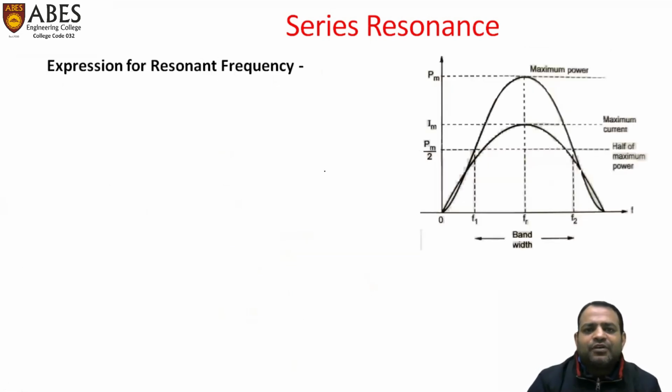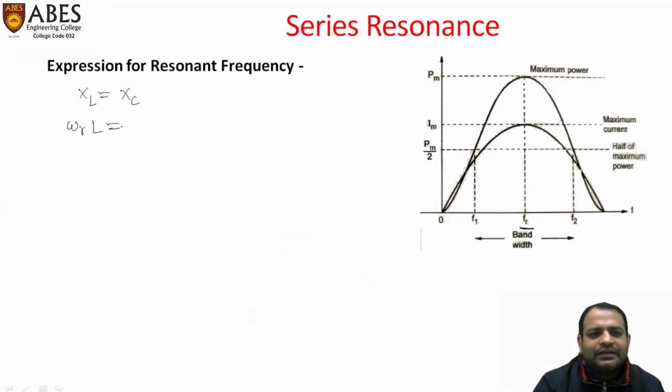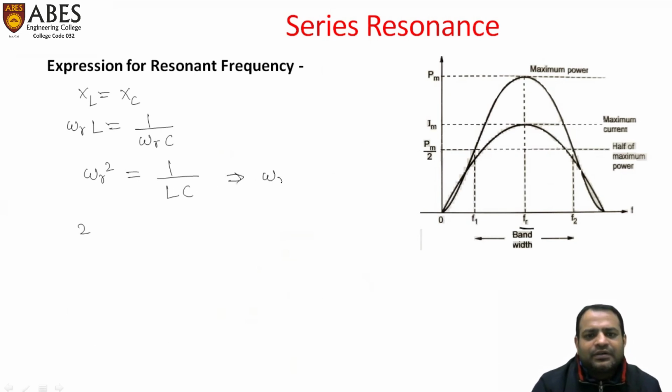So the expression for resonant frequency Fr, at which XL is equal to XC. XL is omega L, and XC is 1 upon omega C. So omega r square is equal to 1 by LC, so omega r is just 1 upon root LC.